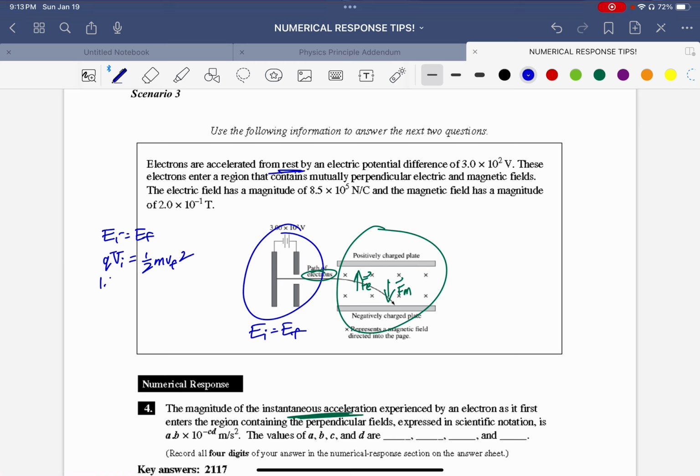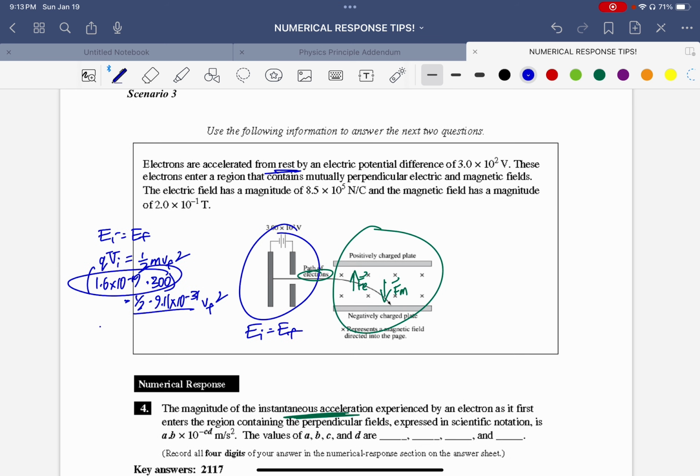We're going to say the charge is 1.6 times 10 to the negative 19. The potential difference is 300 volts given to us. The mass of the electron is 9.11 times 10 to the minus 31. We're going to solve for v. So we're going to get this number, divide, and then square root.